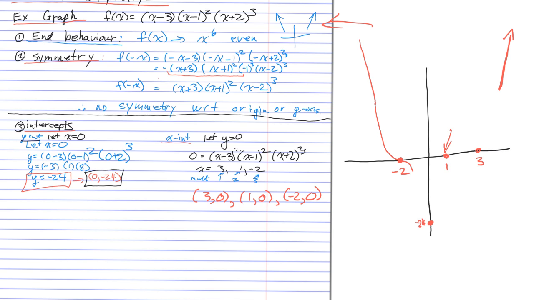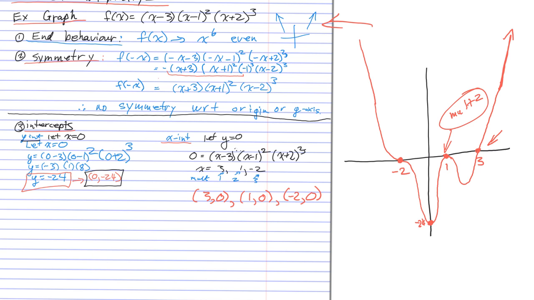When you test all these other points, you'll notice your graph comes down, goes back up, and then lightly touches 1 because its multiplicity is 2. Think of it like a parabola that touches the x-axis. That's what's happening near that point. Then it comes down, but it's got to go back up at some point and goes right back out. Remember, near 3, which is multiplicity 1, it looks like a line.